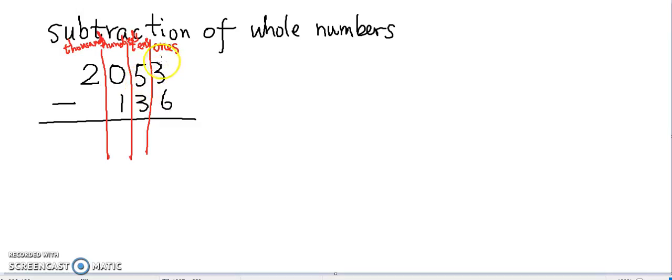But what we can do is borrow $10 because we have $53. Just think of this 5 as 5 $10 bills. So let's borrow one $10 bill from 5, which will reduce five $10 bills to 4 $10 bills.